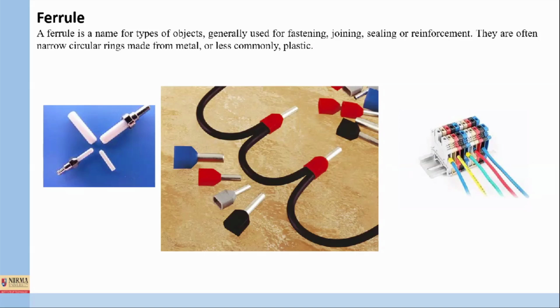To avoid that scenario, we require capping-type devices known as ferrules. They are fixed to the conductor so that there is no arcing, no spark, and no strand comes outside. There will be safe connectivity, and the connection will be very firm. That's why there will be no carbonation, so it will last for a long duration.